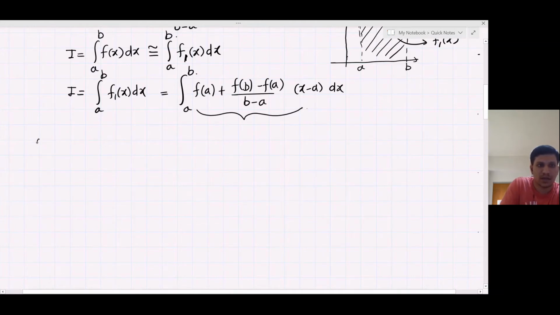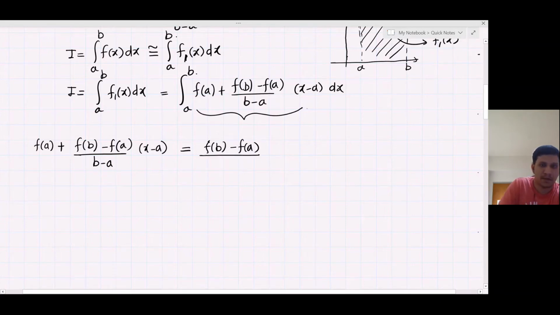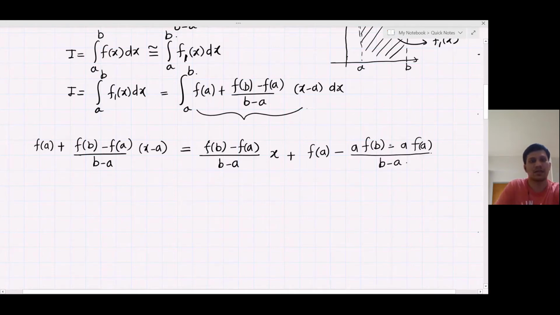If I write f of a plus f of b minus f of a upon b minus a into x minus a, I can write this as f of b minus f of a upon b minus a into x plus f of a minus a times f of b minus a times f of a upon b minus a.